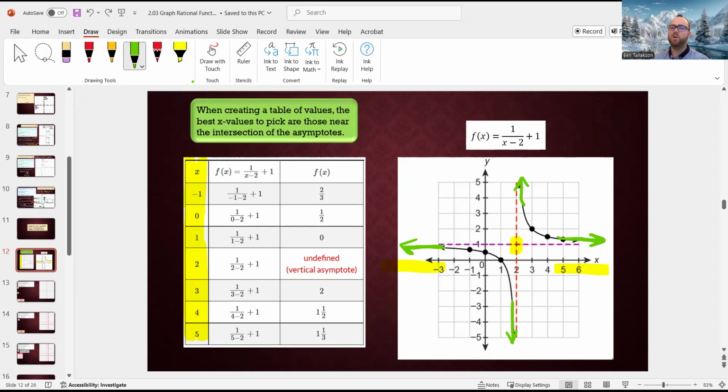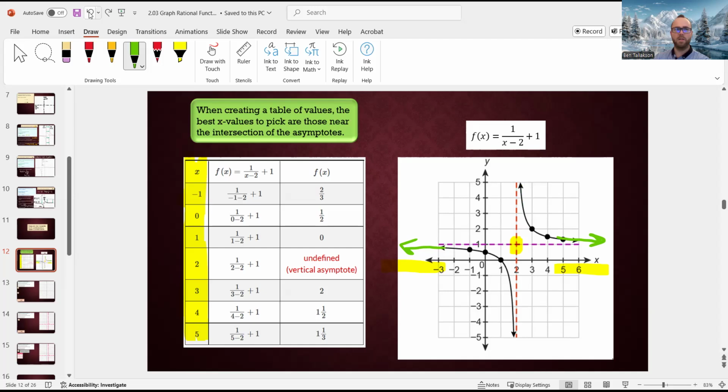How much is it curving? Because remember, we had vertical stretches. It might come up more like this, right? Or we might have vertical compressions. It might go down like that, right? And of course, that would affect this side too. We really need to know where the curve is and how much it's curving.